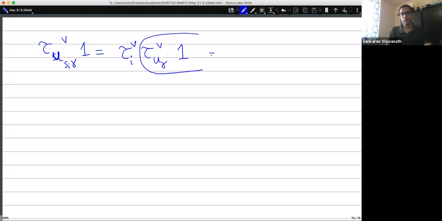So what we conclude, therefore, is that tau_i check of E gamma, not quite E gamma, there is still some power of T which I have to fix here. What is this element here? It is almost E gamma, so this is E gamma times T to the half length of V gamma.